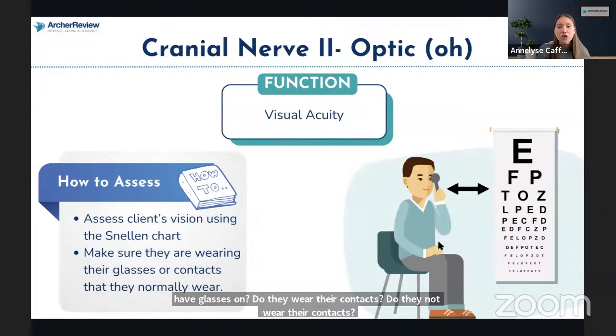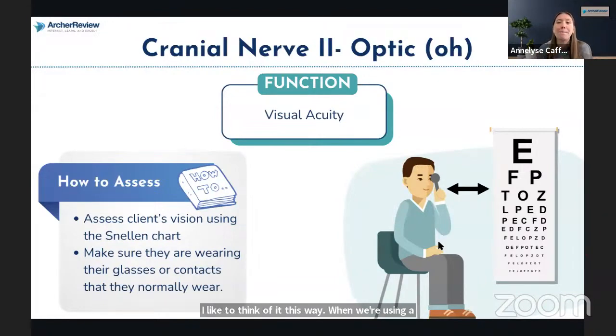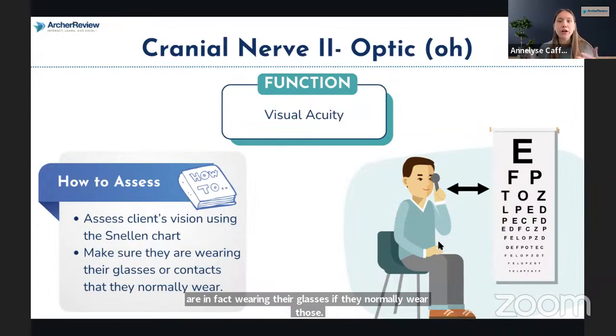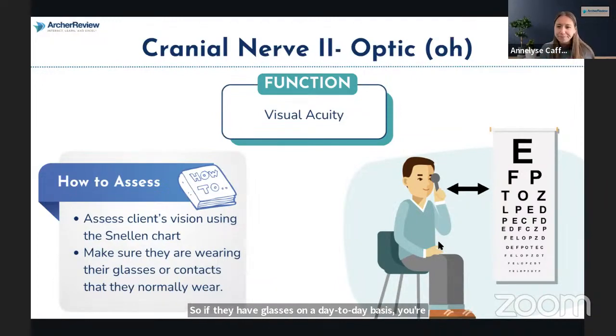When we're using a Snellen chart, we want to see how good their best vision is. So when we've totally made their vision as good as it can be, how good has it been? And so with that, you want to make sure that they are in fact wearing their contacts. They are in fact wearing their glasses if they normally wear those. So if they have glasses on a day-to-day basis, you're going to make sure you put their glasses on for this test. Does that make sense?